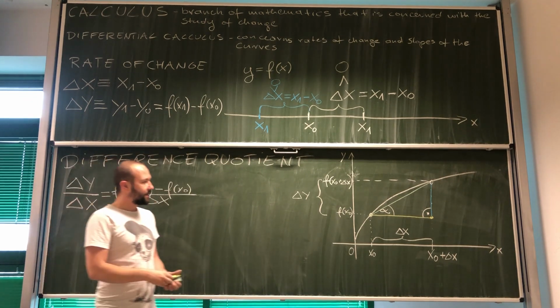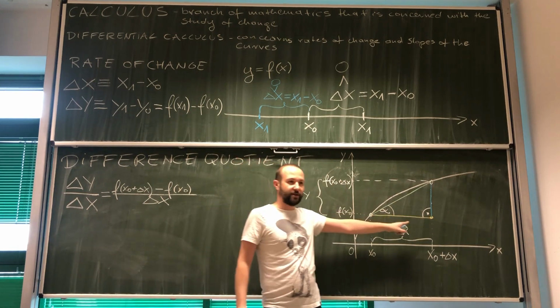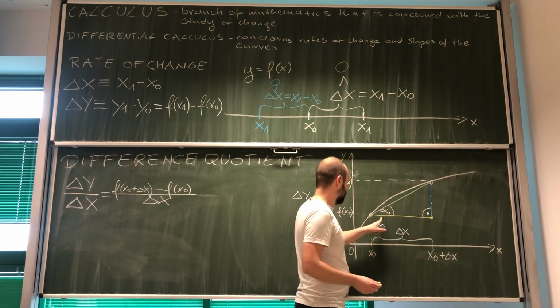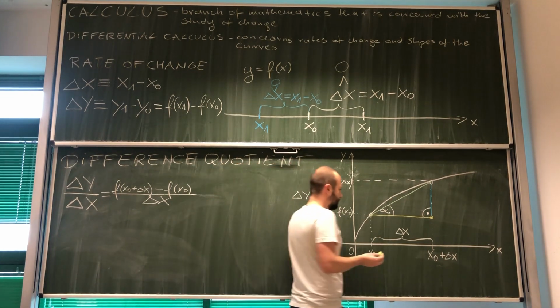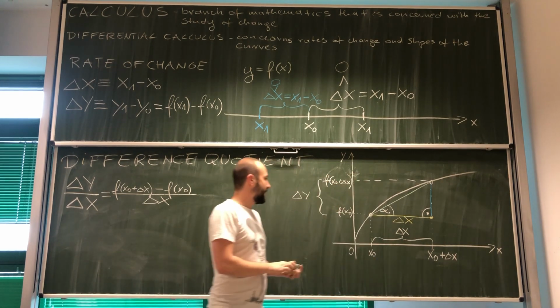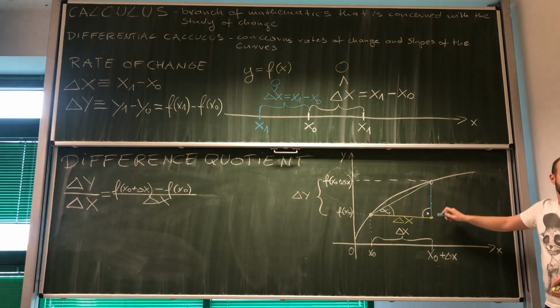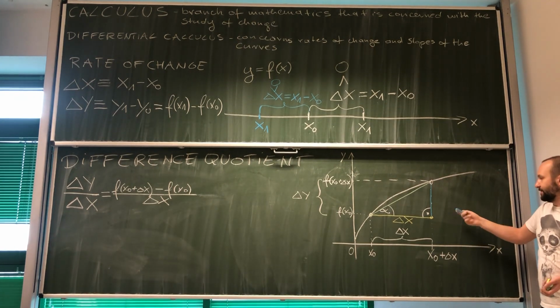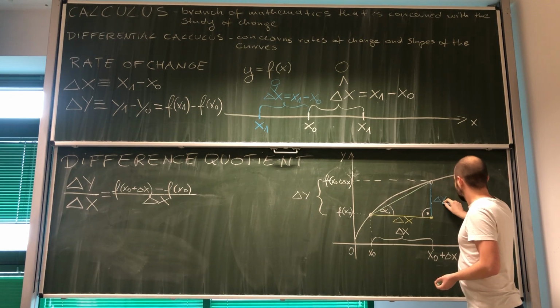Look, this line, I hope you remember, this base of the triangle is called the adjacent, and the adjacent is equal to delta x. Now, this line that is called the opposite is equal to delta y.